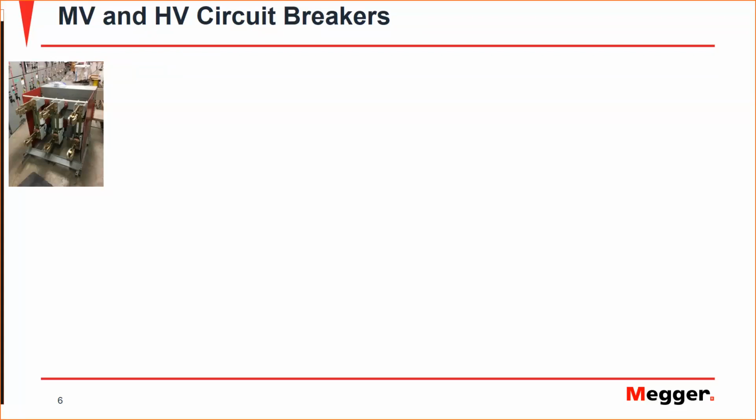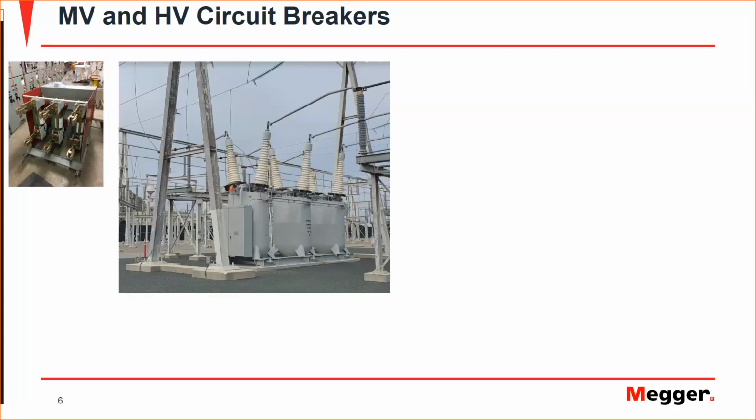Then we have the transmission part, or I would say some obsolete parts of the transmission, which is oil circuit breakers. They are still available in some countries, although they have been obsolete since a long time ago.